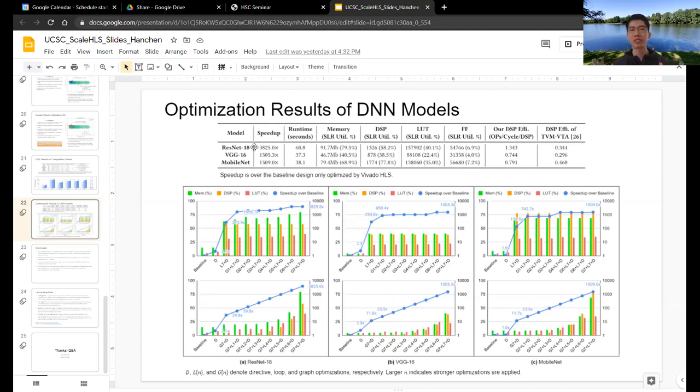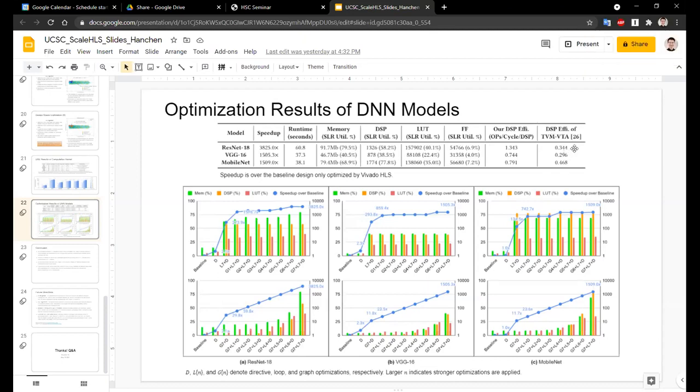Then it will just use the regular, most naive optimization flow to optimize these layers. So especially for, I believe, the first several layers and the classifier, it is not optimized that well by the VTA flow. So the overall DSP efficiency is not that high.